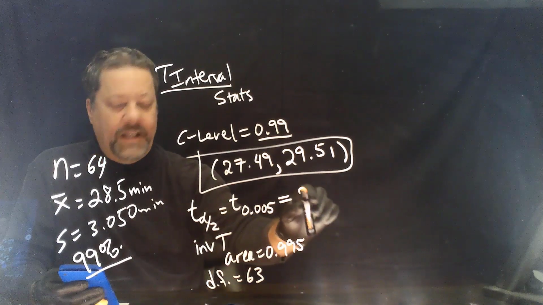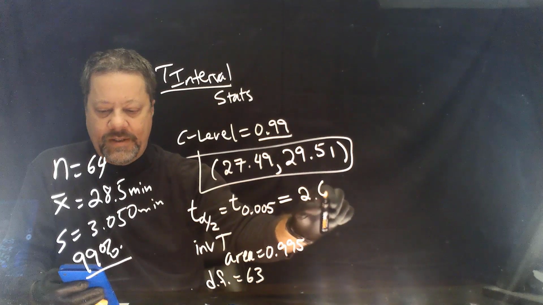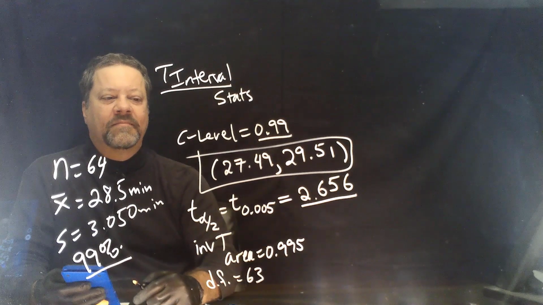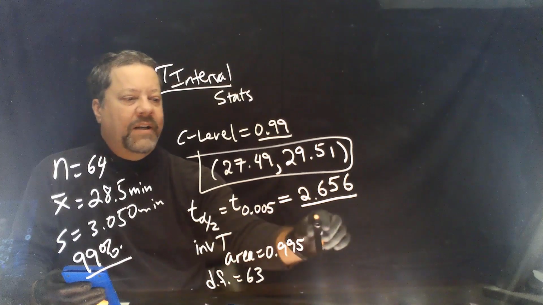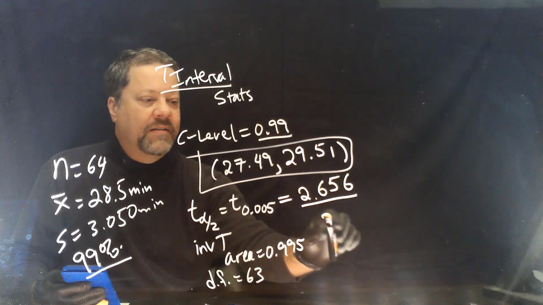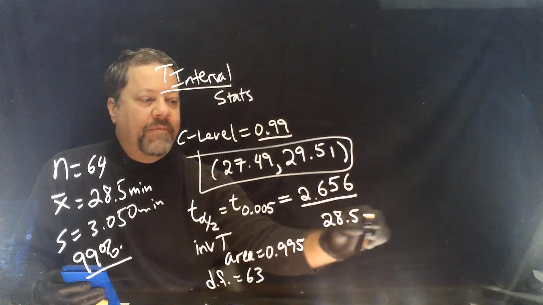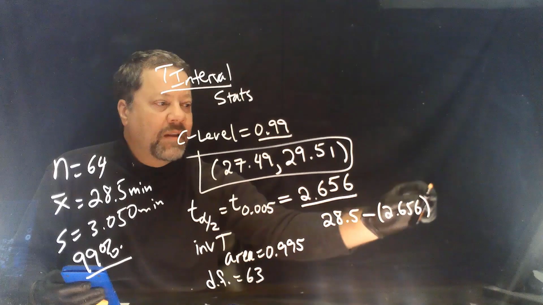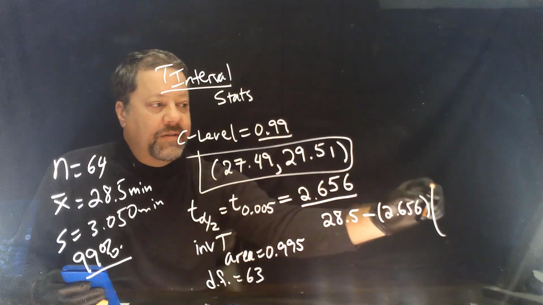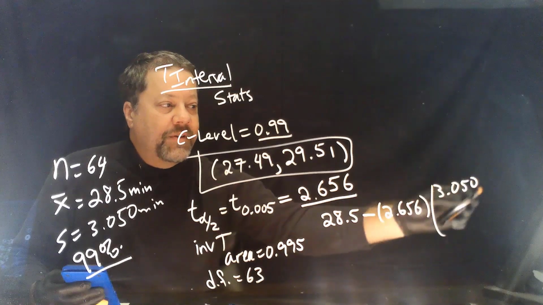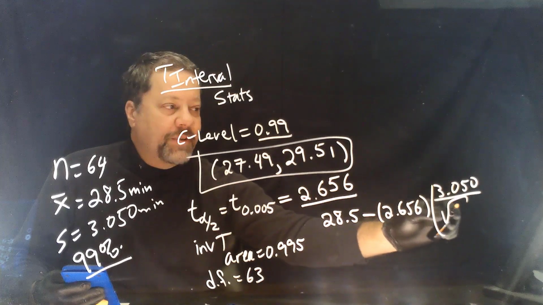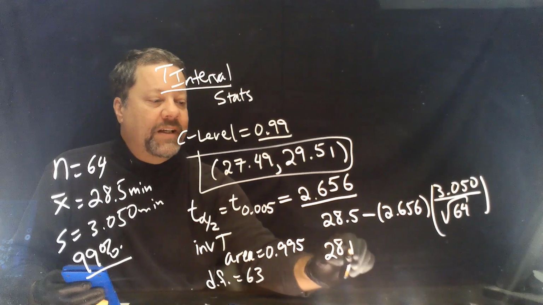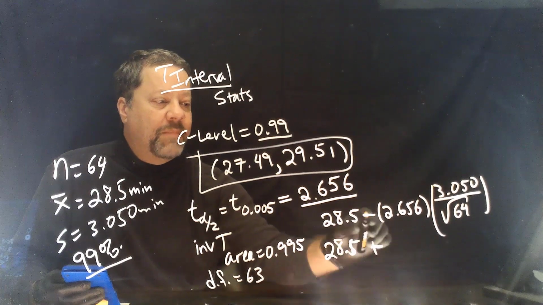Yielding a critical t of 2.656. So we can use the mean, 28.5 minus 2.656 times the standard deviation, 3.050, divided by the square root of the sample size to get the lower limit, and the upper limit only differs by turning the minus into a plus.